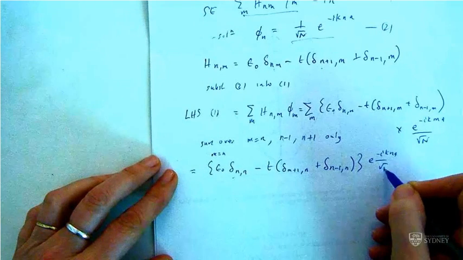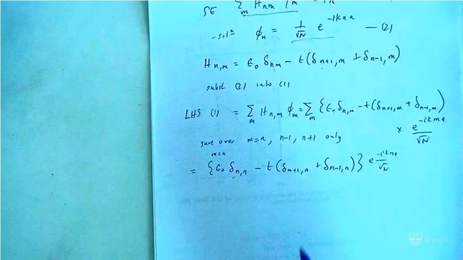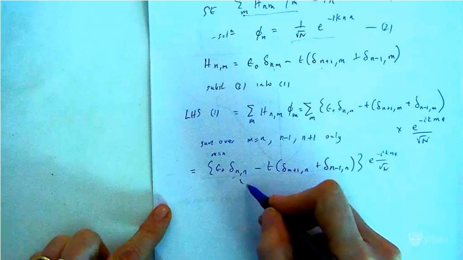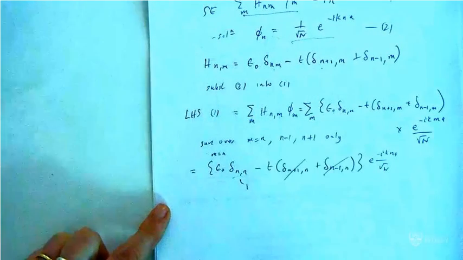And so obviously this will give you 1. These will cancel out. So you kind of get the idea now.